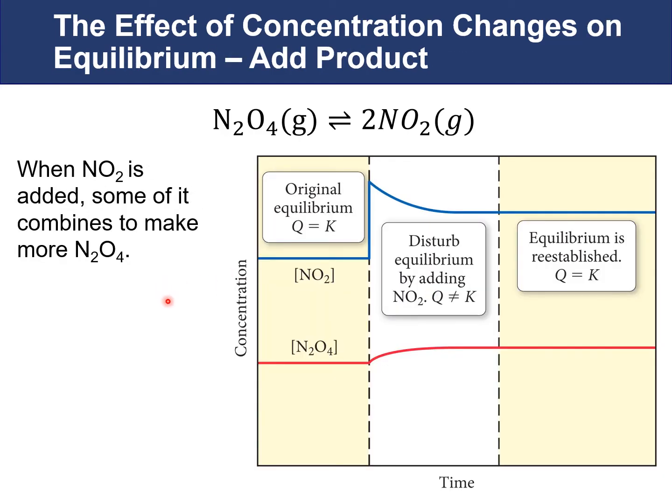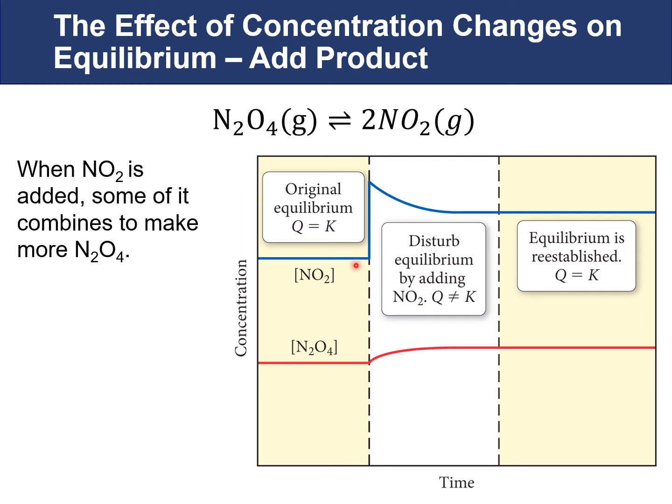So now if we do sort of the opposite and add some product, we're looking at the exact same system, N2O4 going to NO2. We initially have our equilibrium. We then spike our container by dumping in some product.